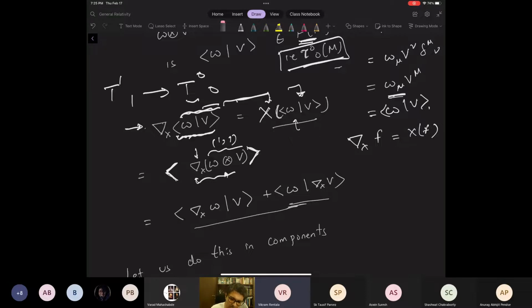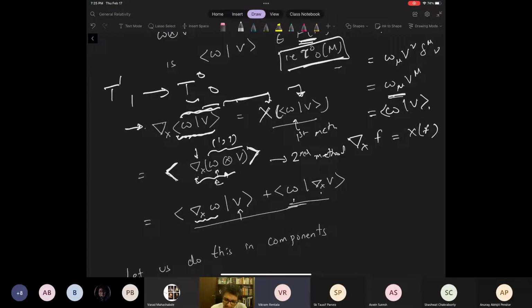Now, in the second method, the derivative is acting on a tensor of type 1, 1. So this is our first method, and this is our second method. When it's acting on a tensor of type 1, 1, we'll follow the Leibniz rule. First it acts on the dual vector, leaving the vector unchanged.